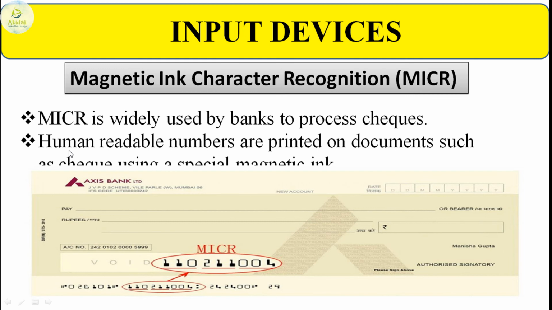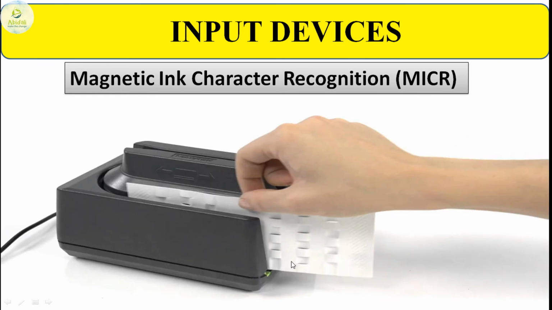How does the magnetic ink character recognition reader help us read what is on the check? Human-readable numbers are printed on the document, such as the check, using a special magnetic ink. We call these MICR numbers, which are read by the reader, the input device that I am showing you here.